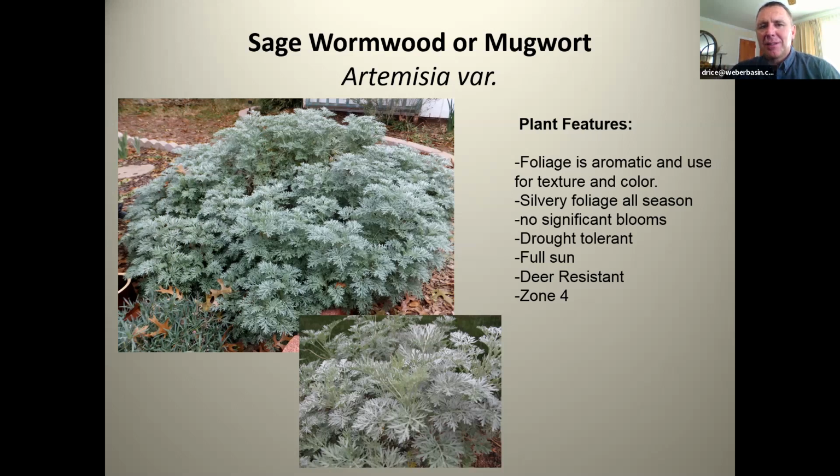It's just a fern leaf sage, and it's a great looking plant, silver foliage all season, no significant blooms, very drought tolerant, deer resistant, loves the full sun. If this gets too much water, it can tend to flop open a little bit. Instead of being nice and tight and rounded, it'll flop, which becomes a little unsightly, but it can be cut back and regrow into nice tight form.